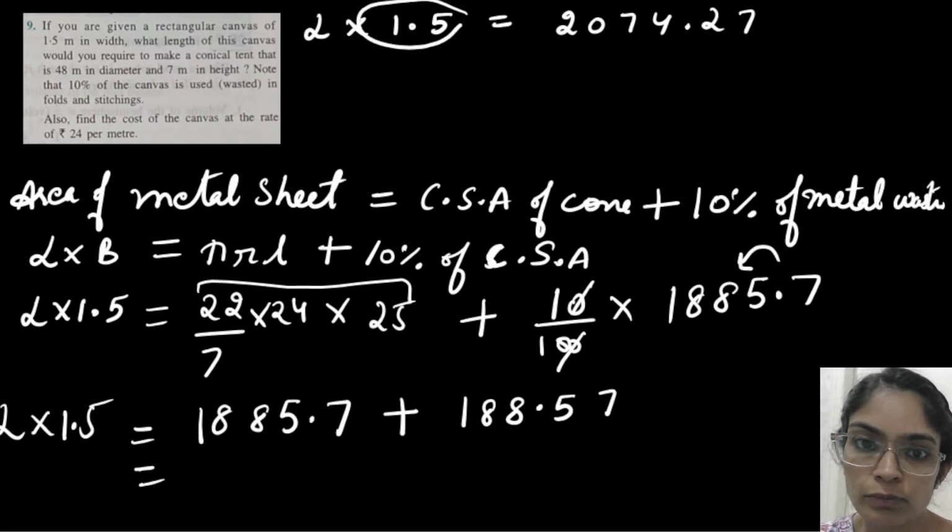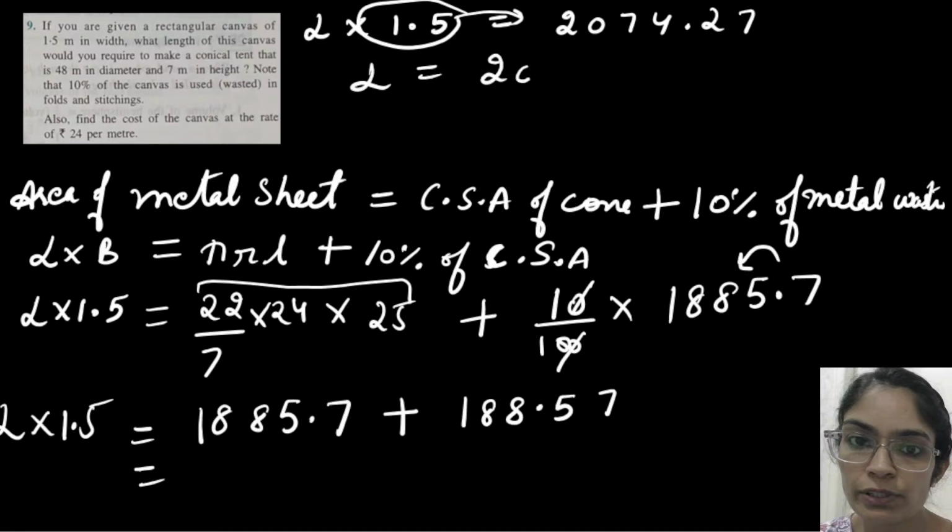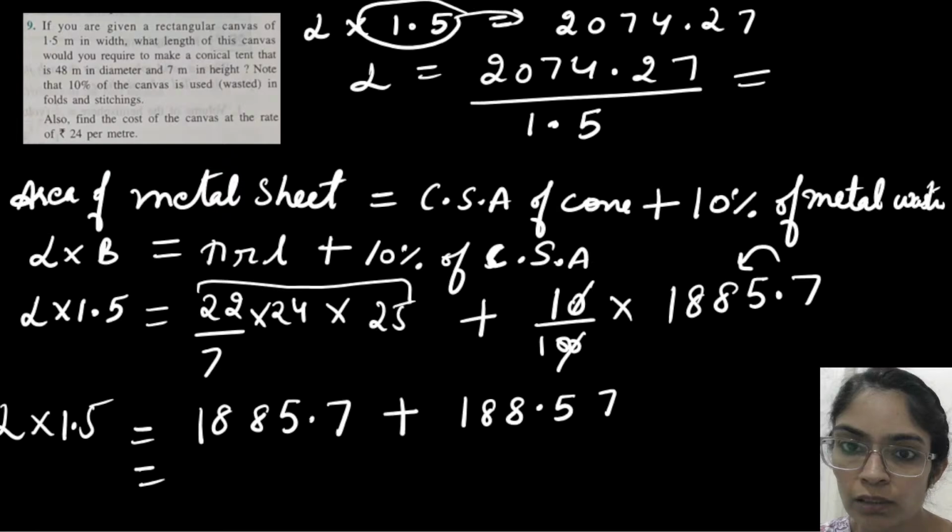Now see, we have to find L. So that means this 1.5 will shift to the other side. If we shift it to the other side, it will get divided. So 2074.27 divided by 1.5. You can do cancellation and tell me the final answer also. What is the final answer of this one?